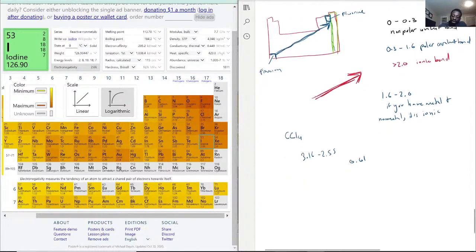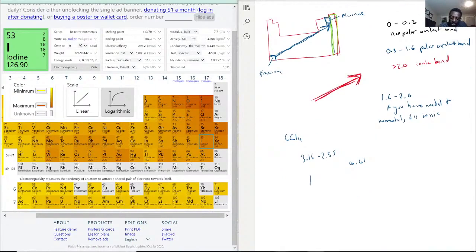But if we were to draw this out, we'd have a perfect tetrahedral structure, because there is equal pull in every direction.